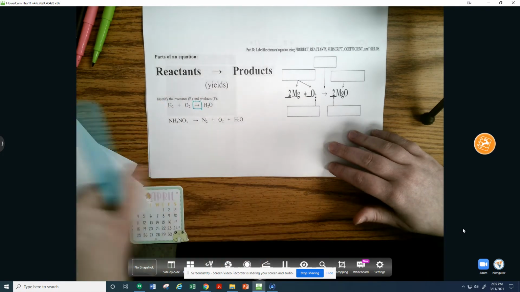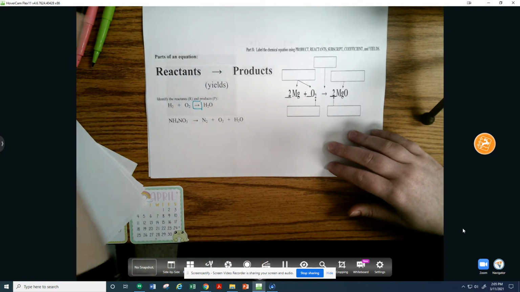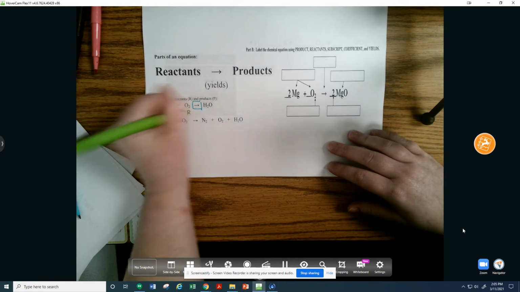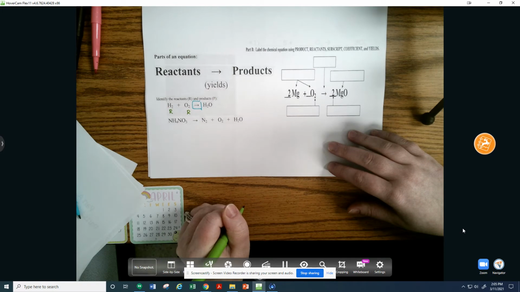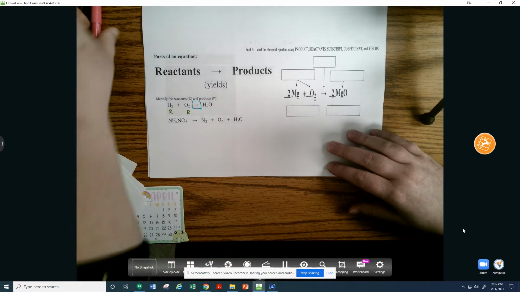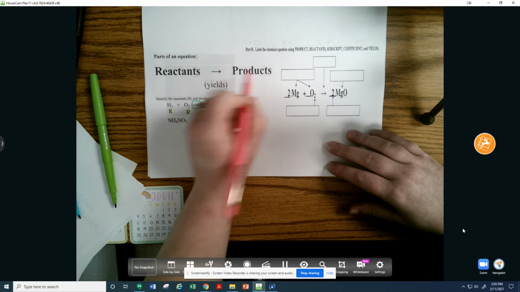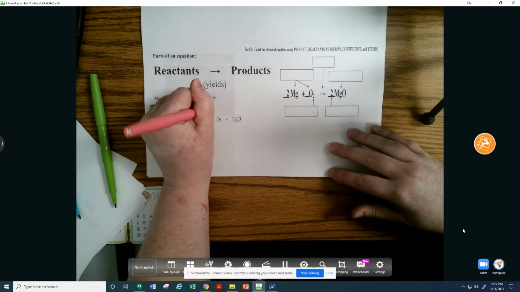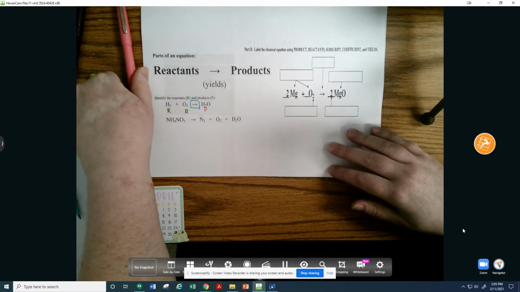Anything that's to the left of it is going to be a reactant. So I can see here that my H2 and my O2 are to the left of the arrow, therefore they are reactants. Anything that's on the right of the arrow, again, kind of like an equal sign, is a product. So in this case, we only have one product, which is water.